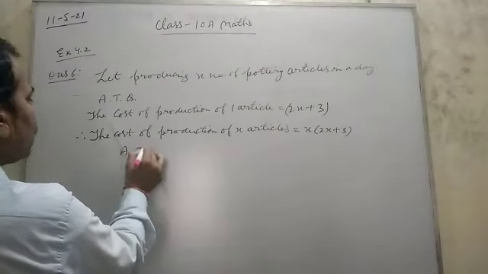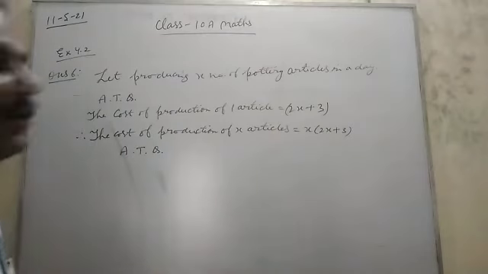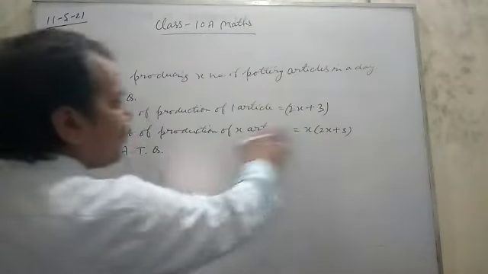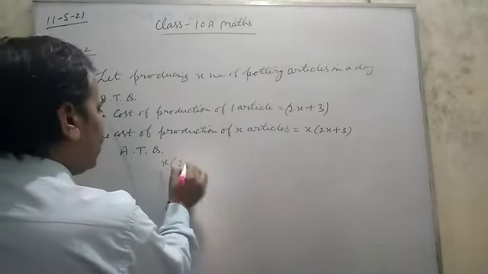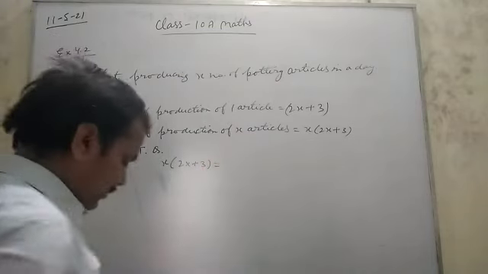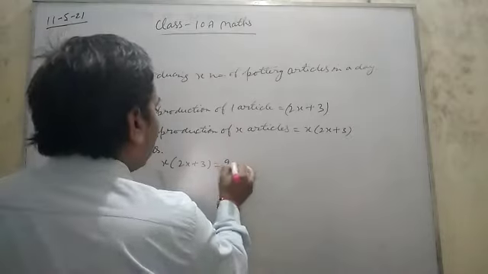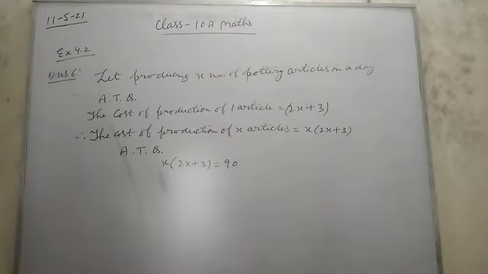Then according to the question, this is the total cost of x articles and this is given in the question as 90 rupees. So this is equal to 90. So simplify and then find x value.